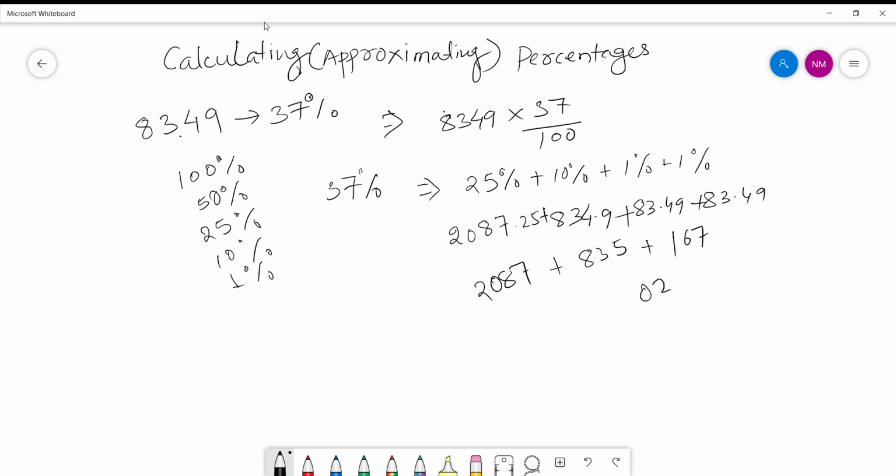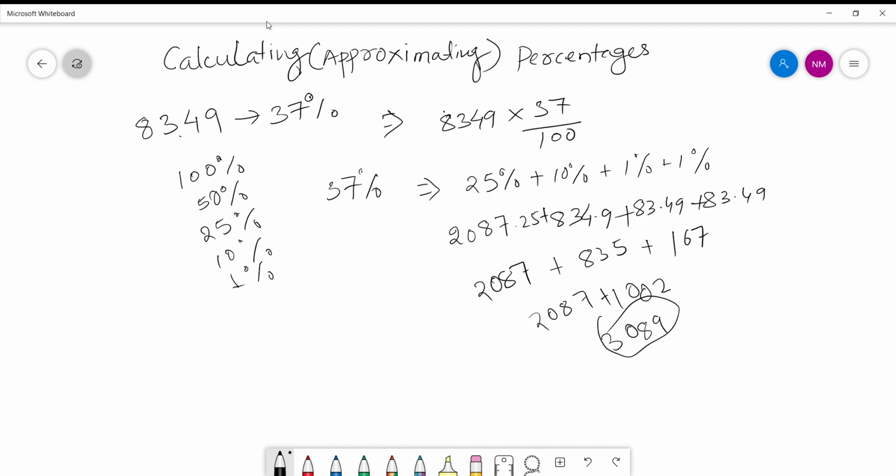So this is 02, and we carry 1, so 8 and 1 is 9, and 1 is 10. So this is 1002, and then we have the remaining part, and then this is 89 and 30. So this is the approximate value for 37% of 8349, leaving behind the decimal part. Right now I have slowed it down for you, but if you practice the two-digit numbers addition enough, then this can be solved very quickly.